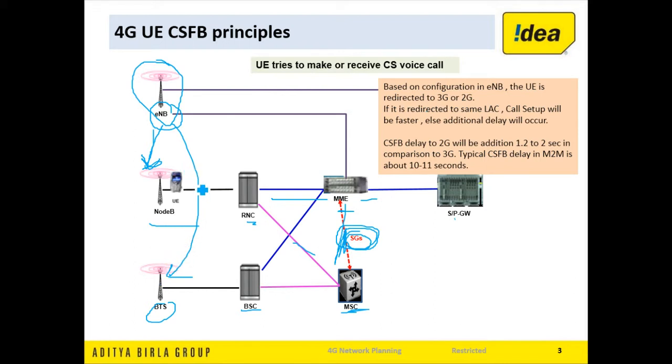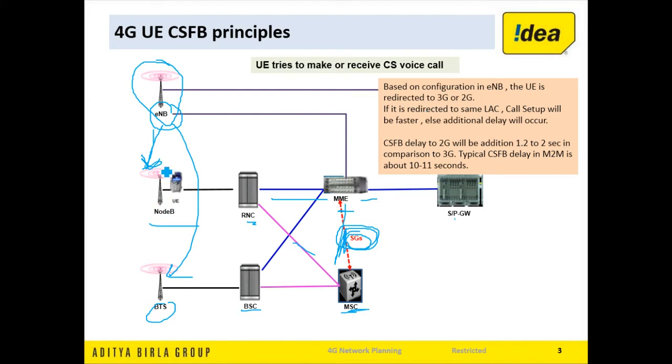Now, typically what we have seen through the trial networks is that a fallback from 4G to 3G is of the order of 8 to 9 seconds in a worst case scenario, mobile to mobile call. But the same thing from 4G to a 2G network is of the order of 10 to 11 seconds, and in some cases we have seen more.